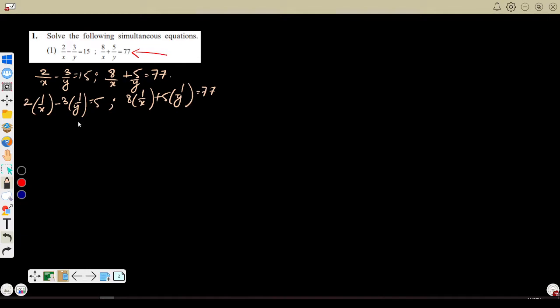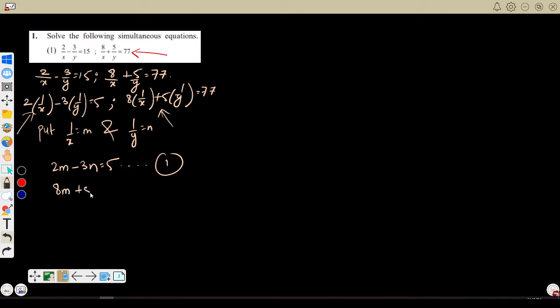So to convert these into linear equations, we will put 1 upon x as, let's say, m, and 1 upon y as n. So what will happen to the equations? The first equation will be written as 2m minus 3n is equal to 5. I mark this as equation 1. What about the second equation? This will be transformed as 8m plus 5n is equal to 77. I mark this as equation 2.